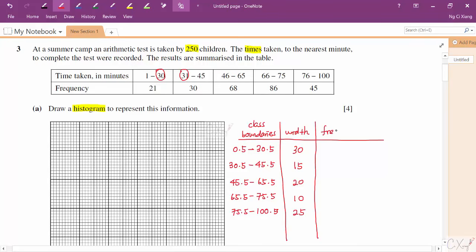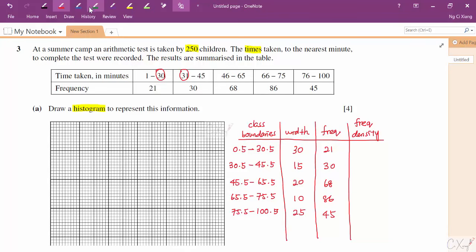Right, so we are having frequency now. Frequency, you can just copy it from the table. And now when you want to draw an unequal width histogram, the y-axis will be the frequency density. This is the y-axis that we need to draw.